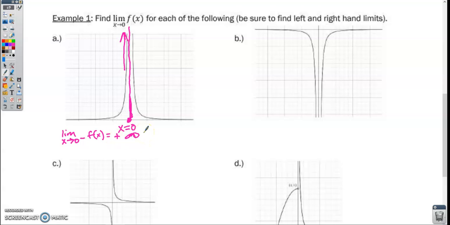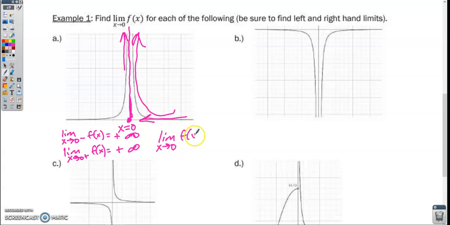And then as it approaches 0 from the right, again, as x gets closer to 0 from this side, the function continues to grow without bound, so it's approaching positive infinity. Since those two agree, we can say in this case that the limit as x approaches 0 is positive infinity. That's the most specific declaration of what that limit is.